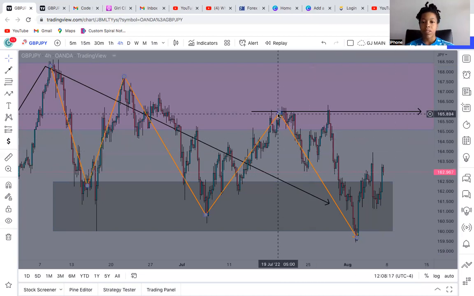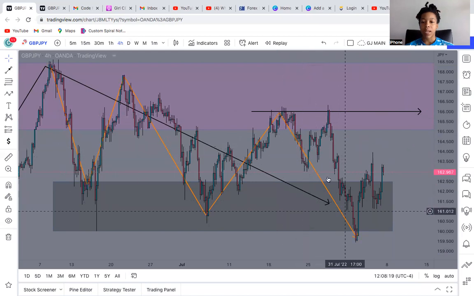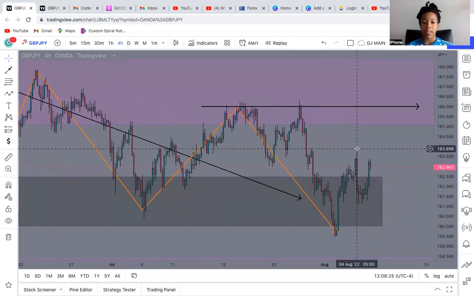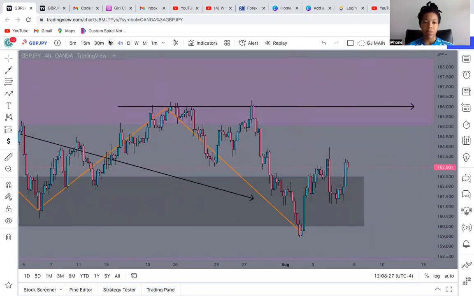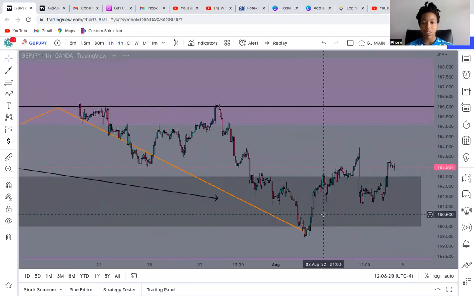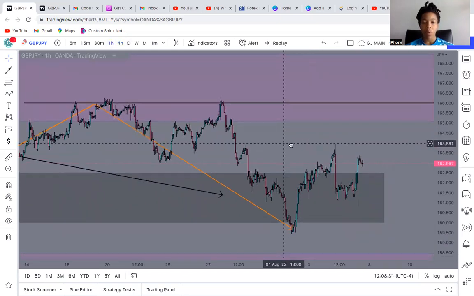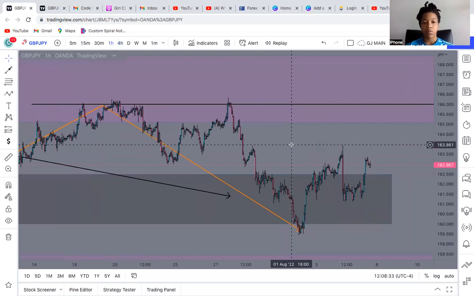So here we see our 4 hour is currently in a downtrending market. I'm gonna scale into this leg, and do the same thing once I drop to my hour time frame. What we're looking at here is really what we're looking at to actually start to get into these markets.